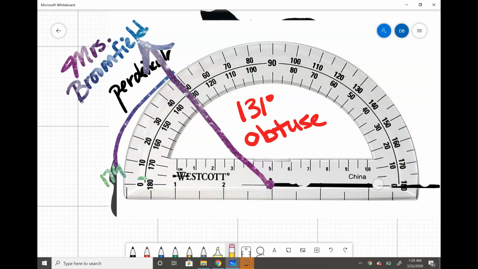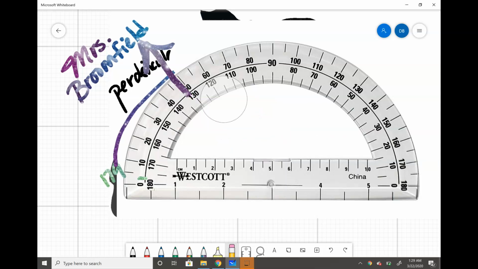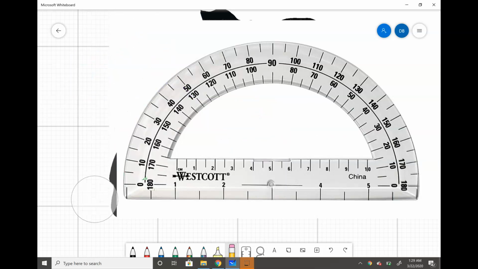Okay, now if I go all the way to 180, so let's say I'm going to use this side. If I had a ray that started here, and I went all the way around, and I stopped at 180.